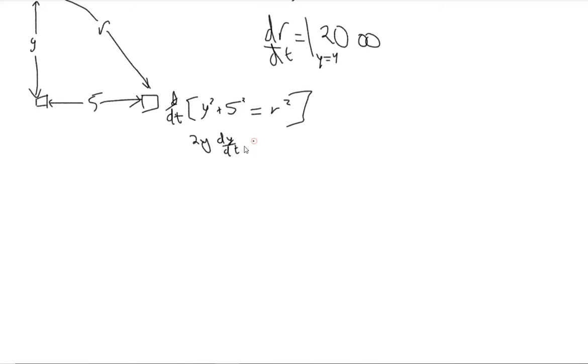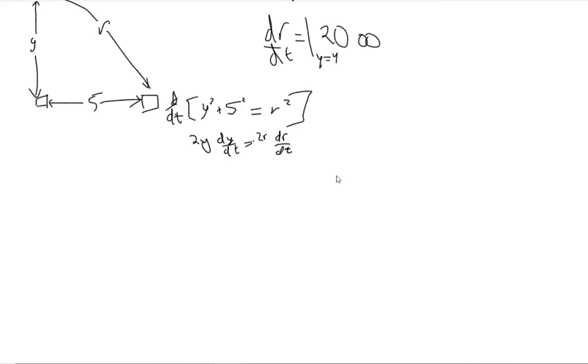What's the derivative of r squared? 2r, and we're going to have to write the rate, dr/dt again. Okay, so this is the equation we have right now.